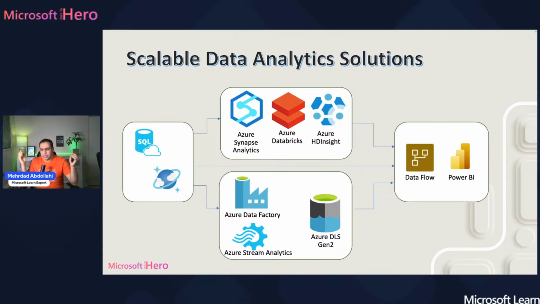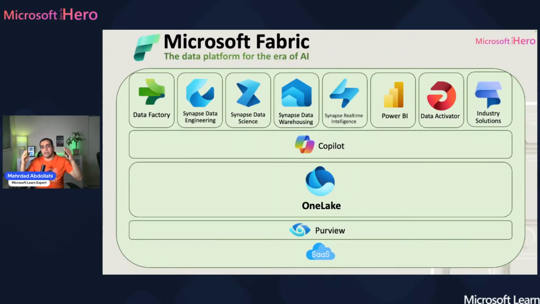And it is really hard, sometimes tricky, to decide which service I should use. And that is why Microsoft brought in Microsoft Fabric, which is basically an umbrella of some of the best services in the data platform.